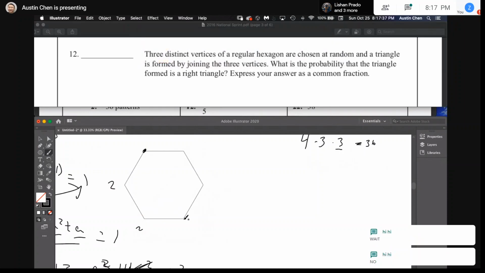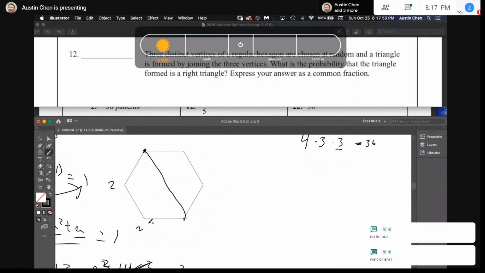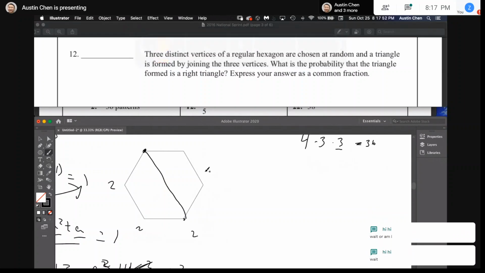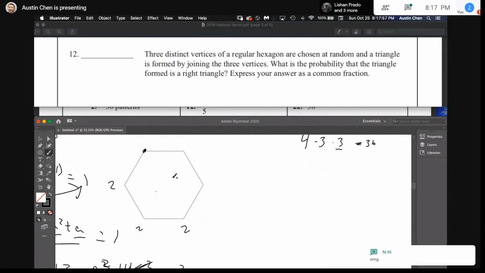This point had two right triangles. Now what happens in this point? Well, we still have two right triangles. We can make one right there, and we can make one right there. And the other points don't work, so we had two there. And these points are symmetrical to those points, right? So those have to be two. And yeah, those should be all of our right triangles, right?